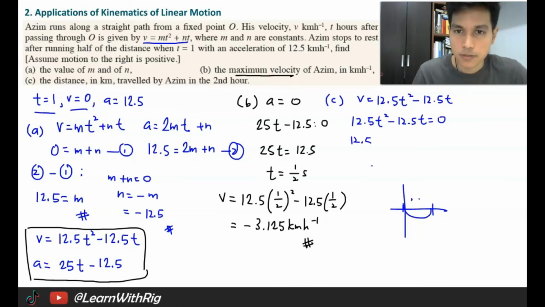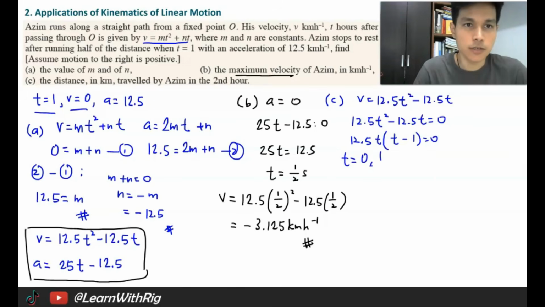So v equals 0. The equation is 12.5t² minus 12.5t equals 0. So factorize 12.5t. You get (t minus 1) equals 0. So t equals 1, and also t equals 0. So t equals 0 and 1. When you sketch your graph, you should already know the intercepts.